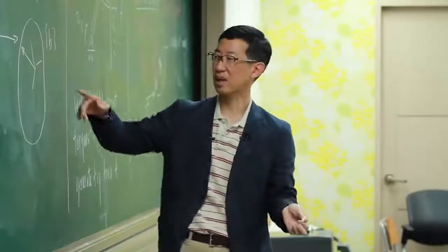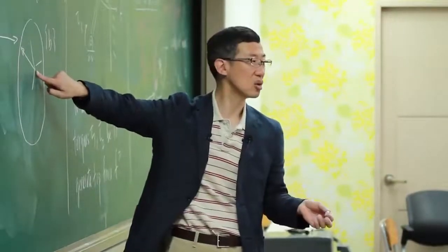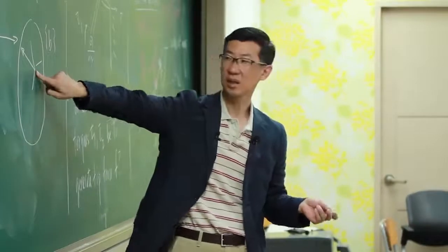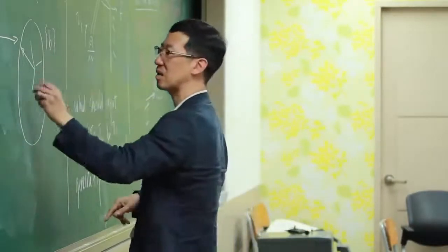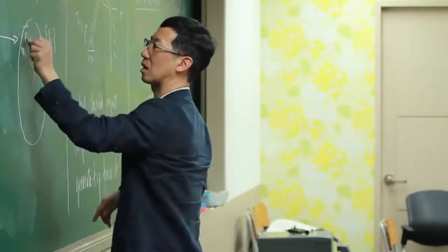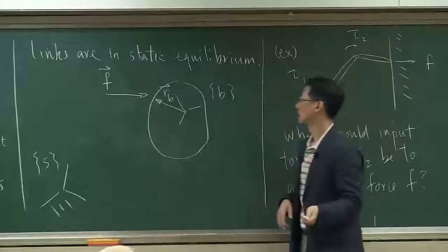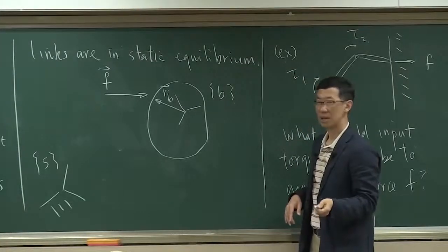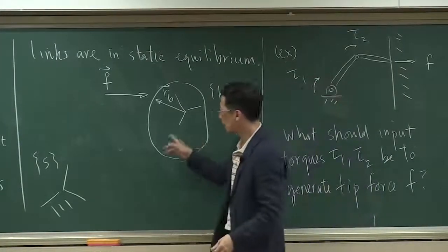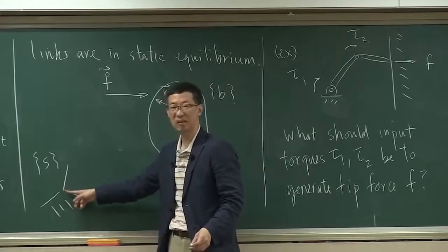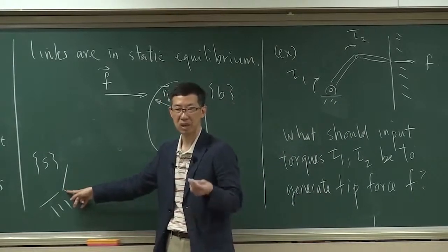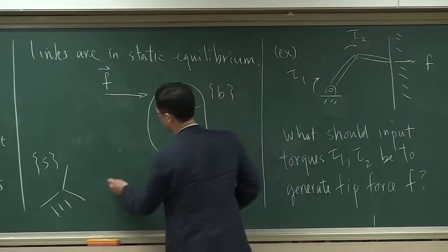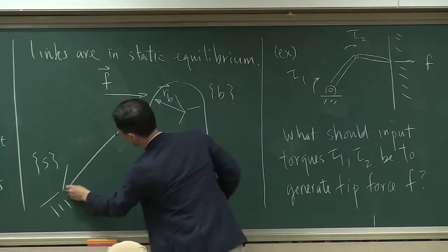Okay, so maybe you want to calculate the moment with respect to the B frame origin, in which case we need this vector. Let's call that R sub B. Maybe we might want to calculate the moment with respect to the fixed frame origin. Okay, could be. So we might also need this vector.